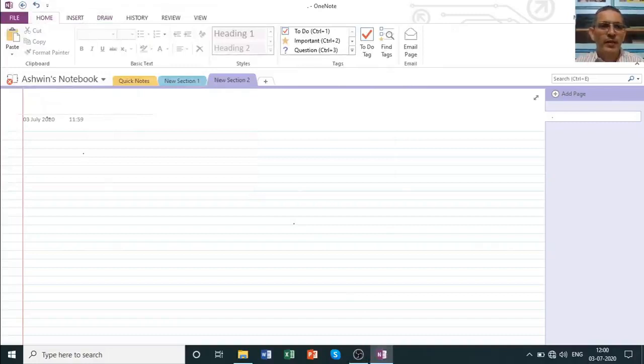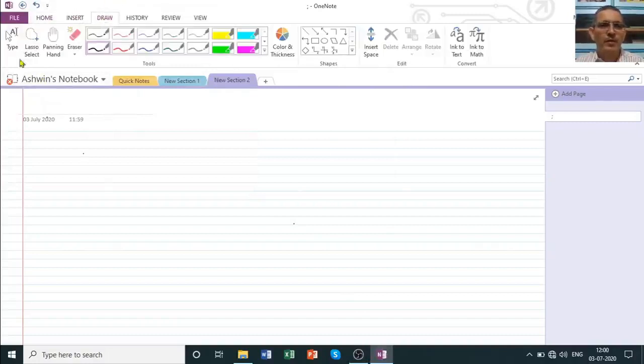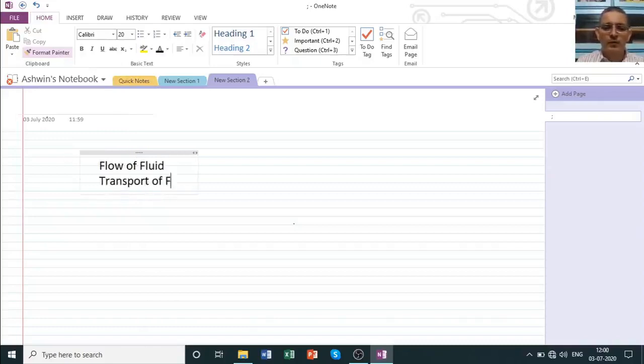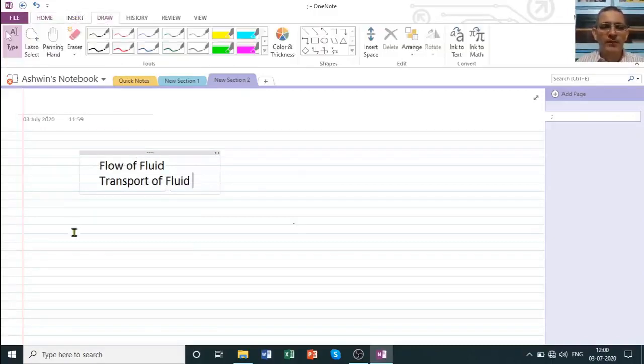So as I said, we are going to look at different things that are required. What is required? Flow is required, of fluid, or transport of fluid from one location to another location. What can we do?